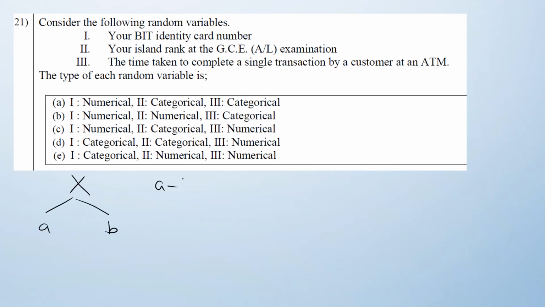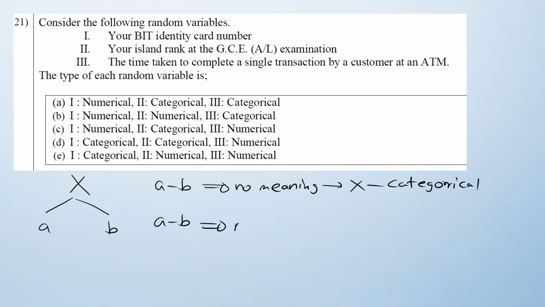When you find a minus b, if there is no meaning for this difference, then x will be categorical. When you identify the difference as a meaningful value, then the random variable x will be a numerical random variable.